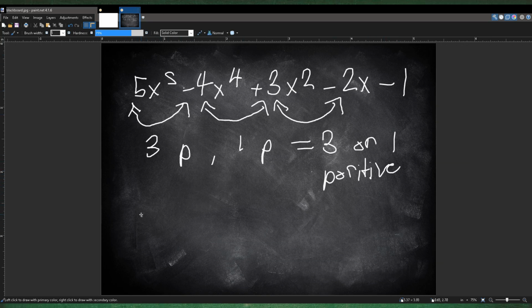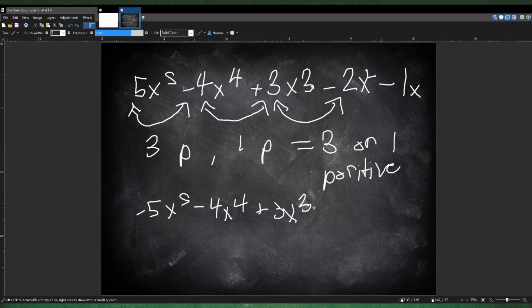So if we put negative x in here, we get negative 5x to the 5th minus 4x to the 4th. I forgot the x cubed. Actually, we're just gonna make this a cubed, and we're gonna make this a squared, and this will be an x, because it's just easier to explain.